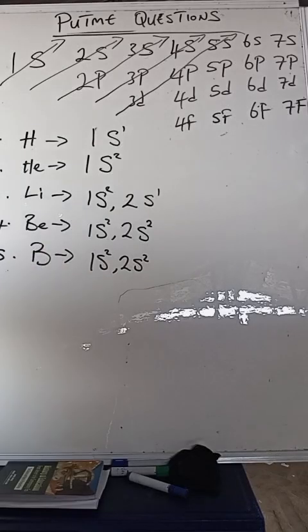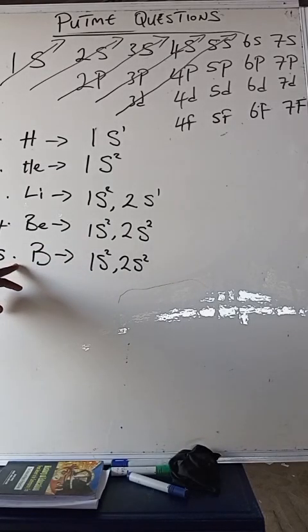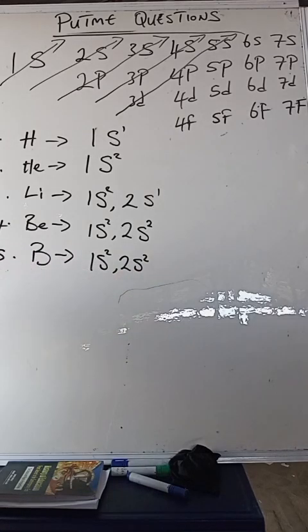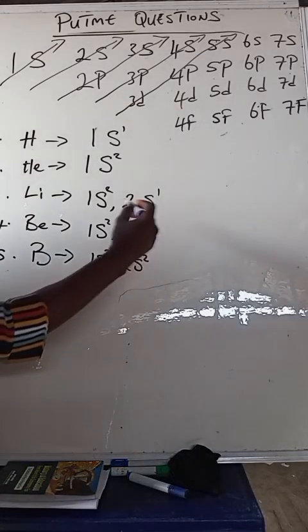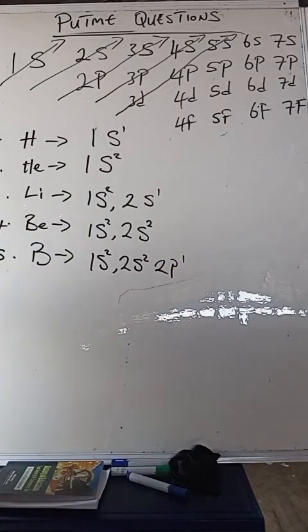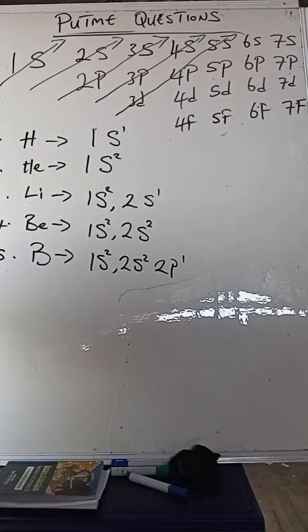But boron has only 1 electron left, because it has 5 electrons and has already filled the first 2 orbitals. So the 2p will have 1 electron. And mind you, the last orbital here shows the group that the element belongs to.